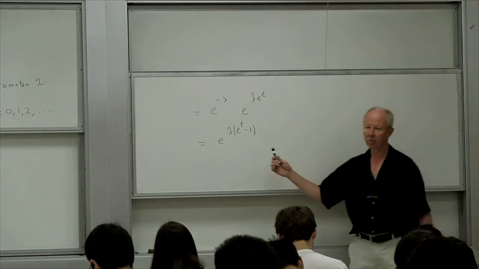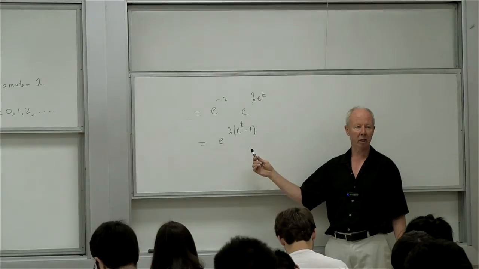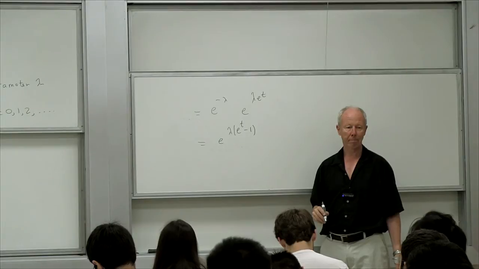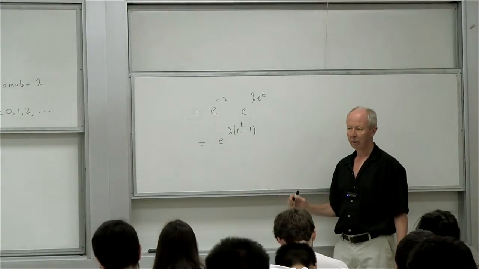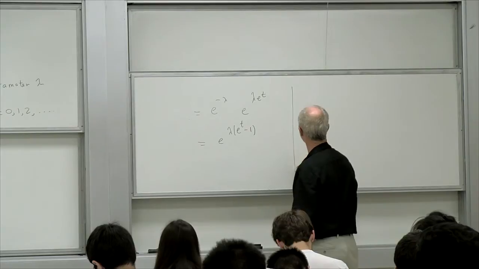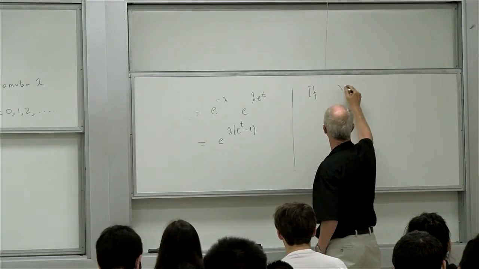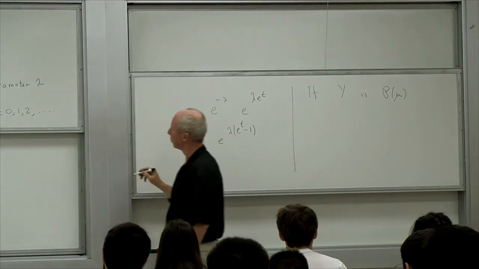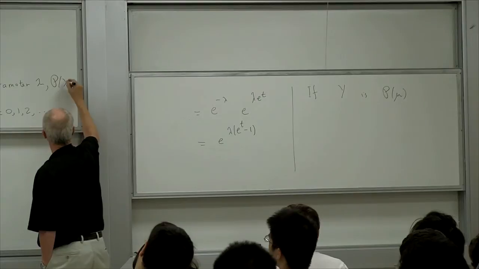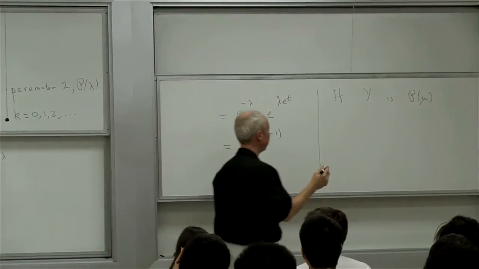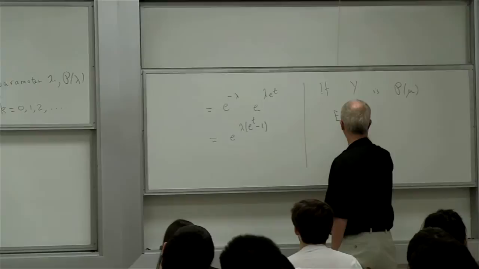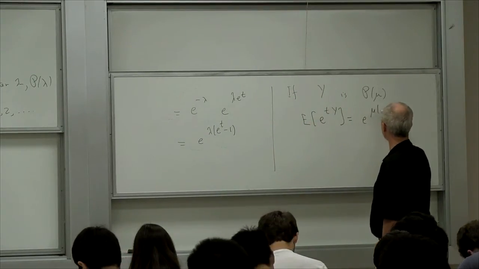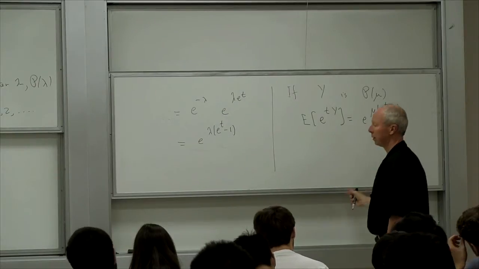If you see this moment generating function coming up as the moment generating function for some random variable, that random variable has to be Poisson with parameter lambda. Okay? Remember, I use this symbol. And then if y is Poisson with parameter mu, the moment generating function would be e to the mu times e to the t minus 1, right?